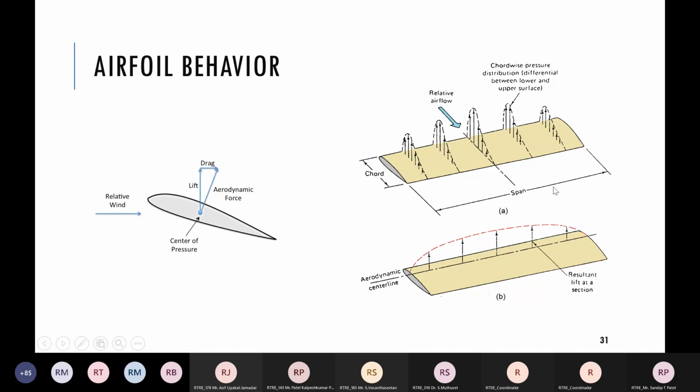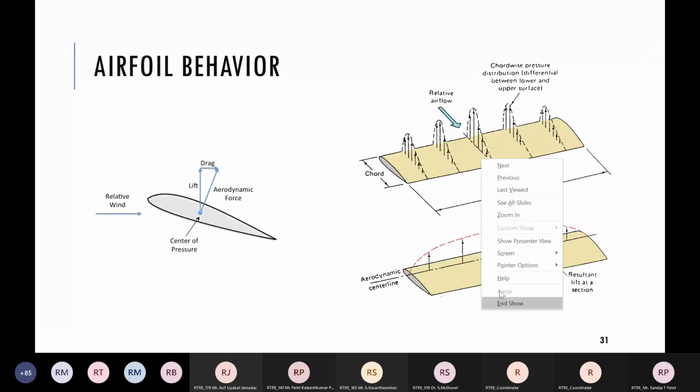So having a finite length wing, at different sections the chord wise pressure distribution or lift force is different. At mid span it is highest. So the resultant average representation is made on the pressure center line, or aerodynamic center line, on this lower image, B image.